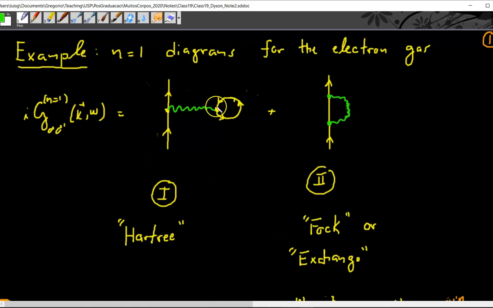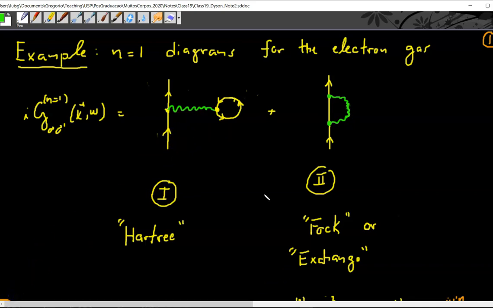So sometimes this diagram is called Hartree, and we're going to see why this is, and why it doesn't depend on the momentum or the frequency. So it's just a zero momentum contribution from the interaction, while this is the exchange or Fock, and we'll actually have a momentum here. So let's start by assigning the labels here as the Feynman diagram rules tell us to do.